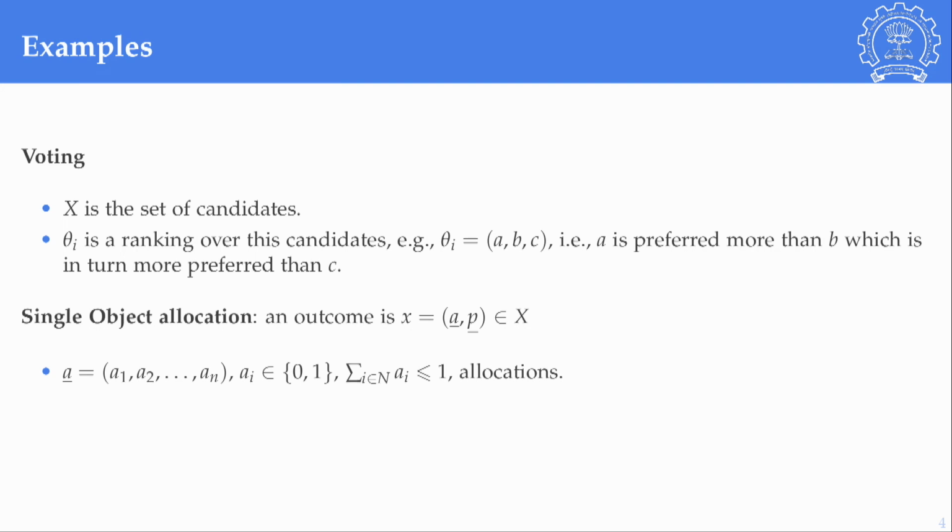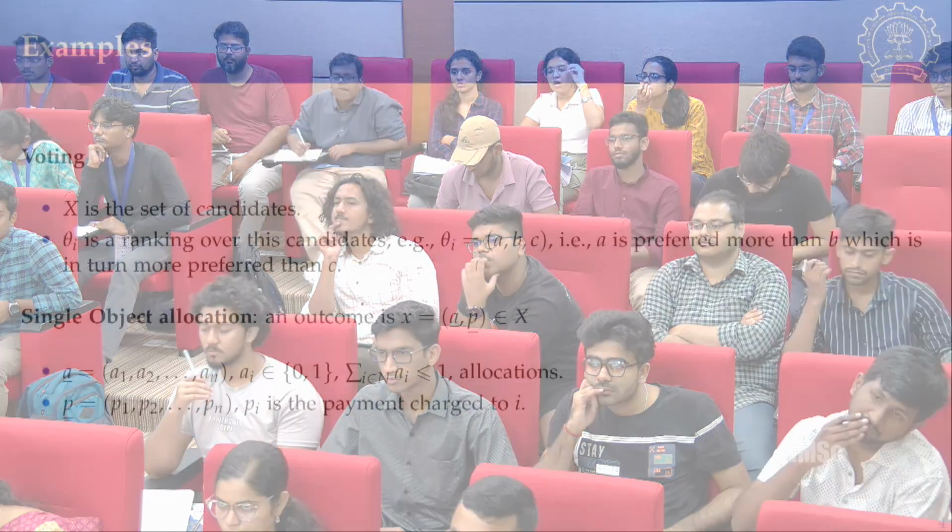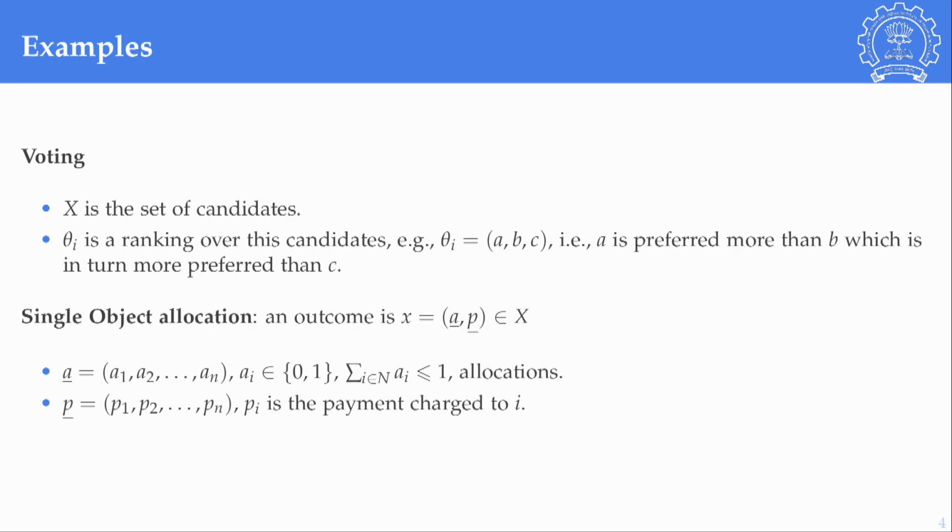So how is this single object? What is x equal to A and P? What is P there? I have not come there. So, P is the payment vector. I give the item, so at most one of these entries will be 1. Suppose I give it to the 5th agent, and I charge a payment.